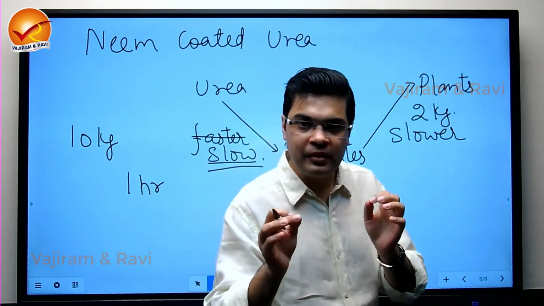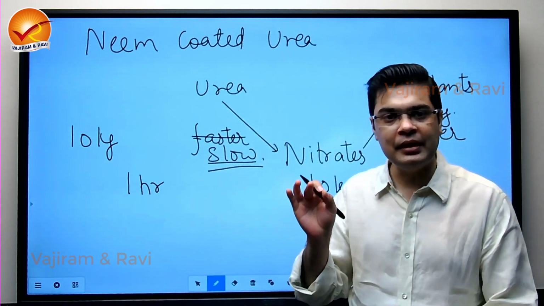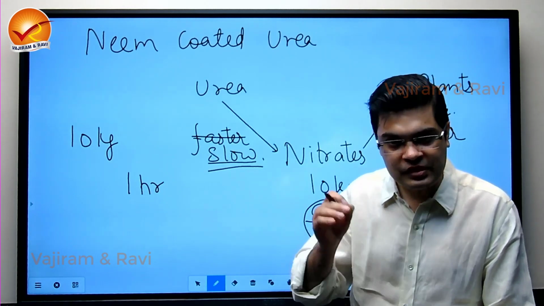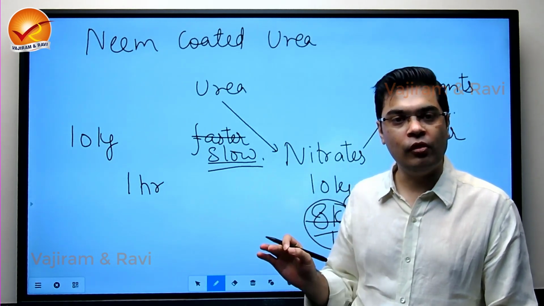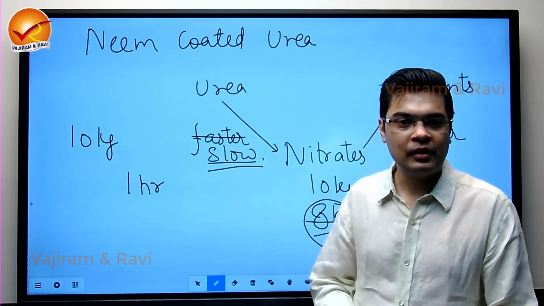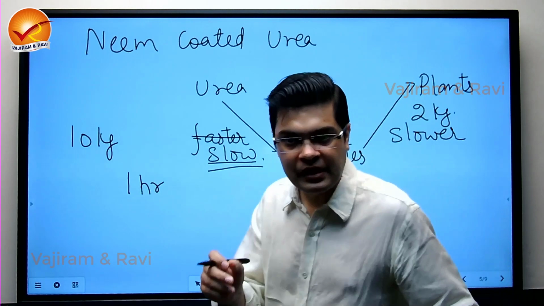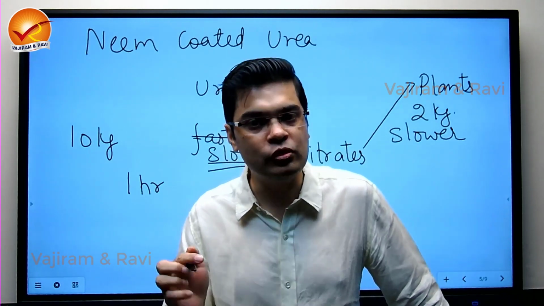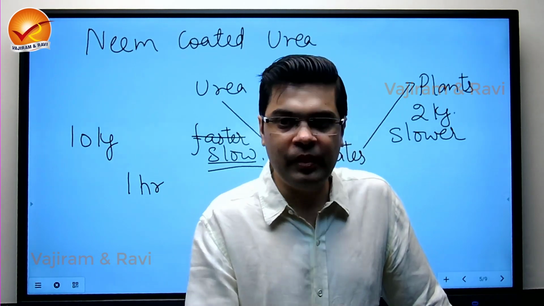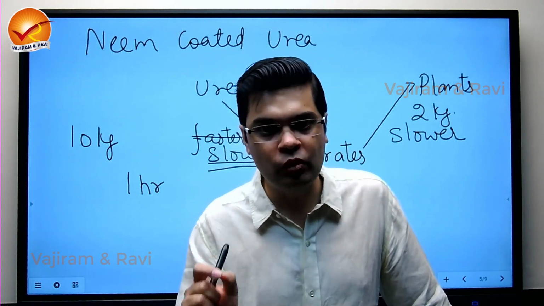And we prevent the wastage of urea and contamination of the groundwater. This is the biggest benefit of neem coated urea. That is why the government has made it mandatory that any urea to be used in agriculture, whether domestically produced or imported, has to be coated with neem oil.